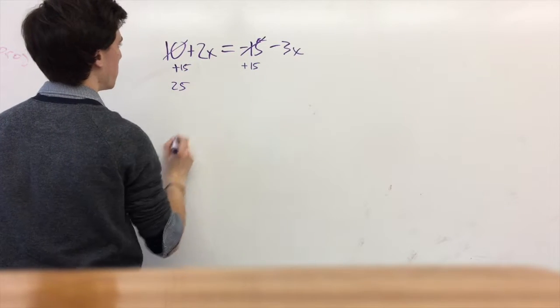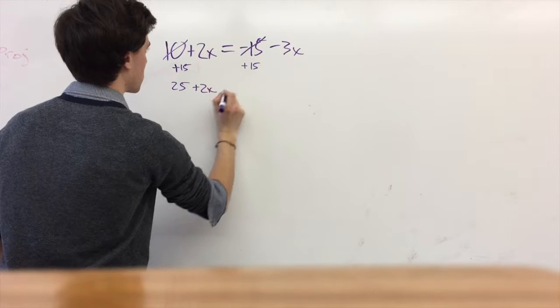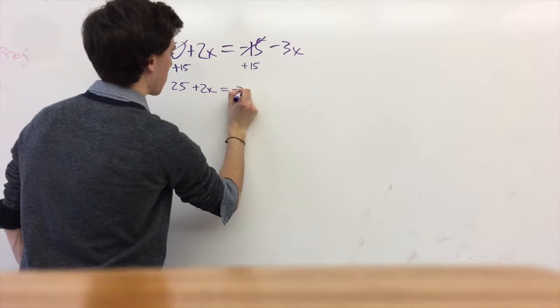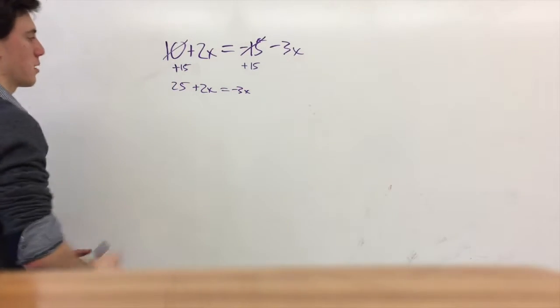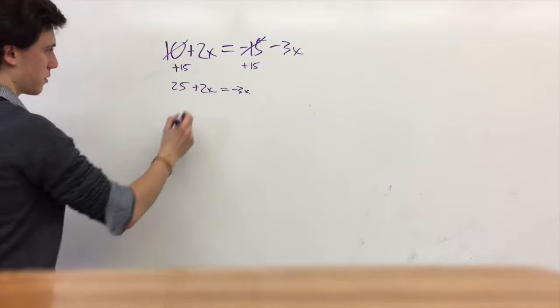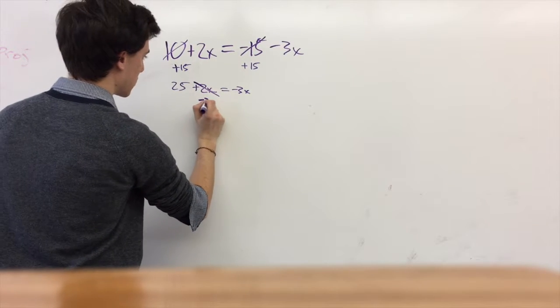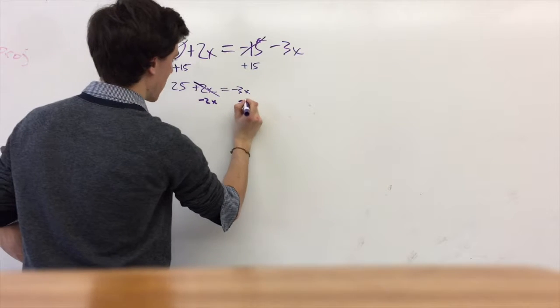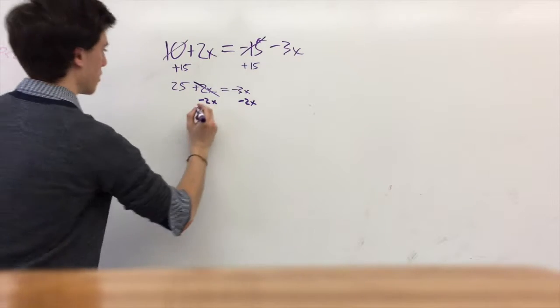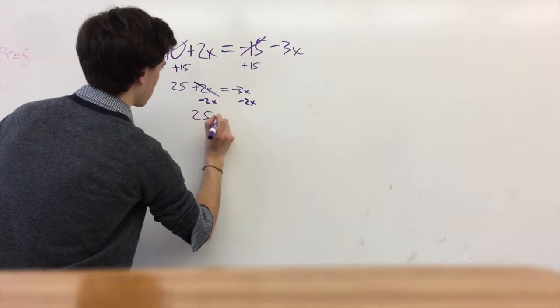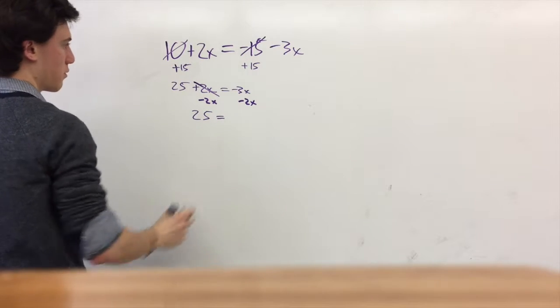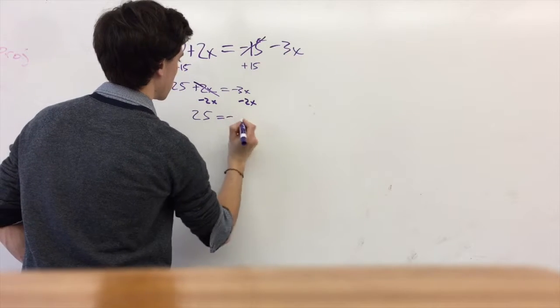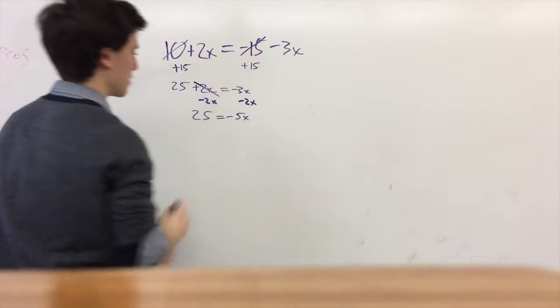That's 25 plus 2x equals negative 3x. Since this is positive, I'm going to subtract 2x from here and subtract 2x from here. So now we're left with 25 equals negative minus a negative, it's going to be negative 5x.